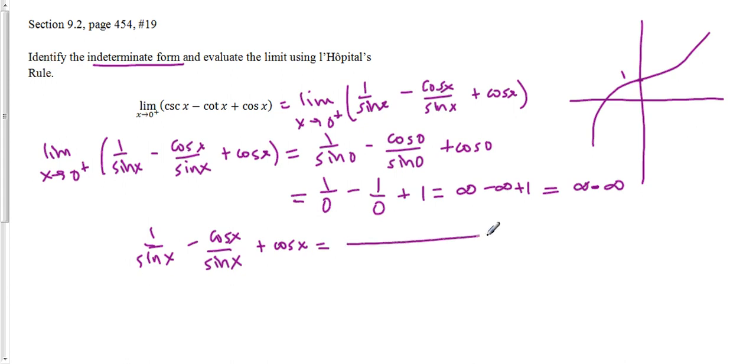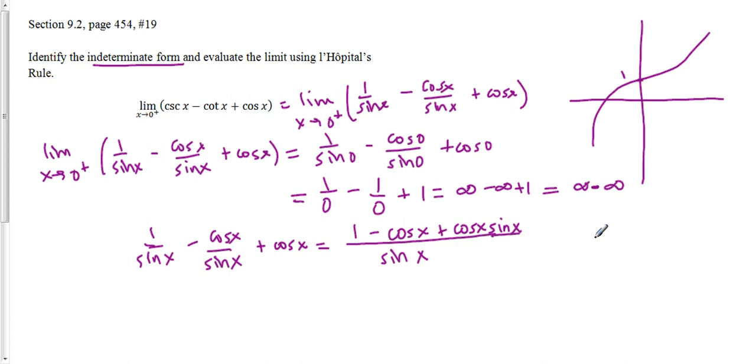And a natural common denominator here is going to be sine x. And most of my work is done because this is already over sine x, so that's going to be 1. This is already over sine x, so that's going to be minus cosine x. So basically, I just have to take my last cosine x and multiply it by sine x, and now I have everything over a common denominator.